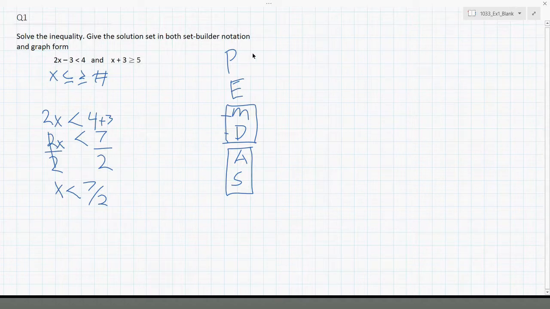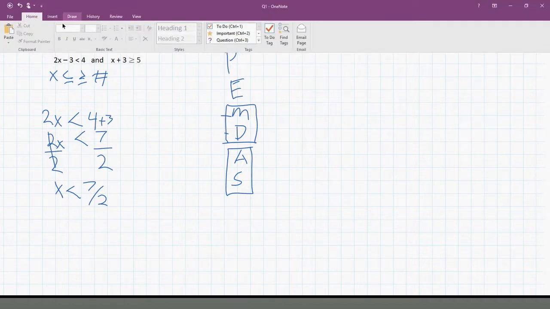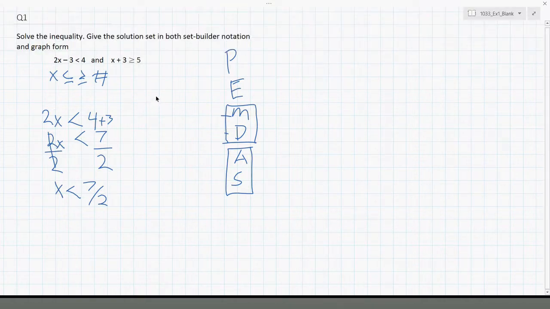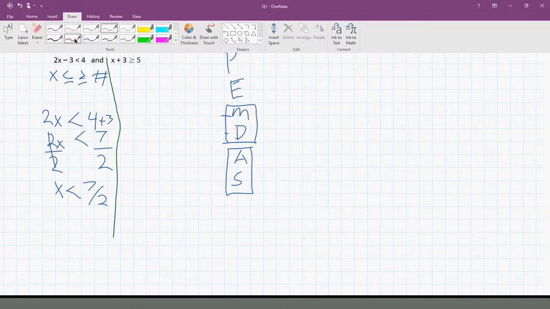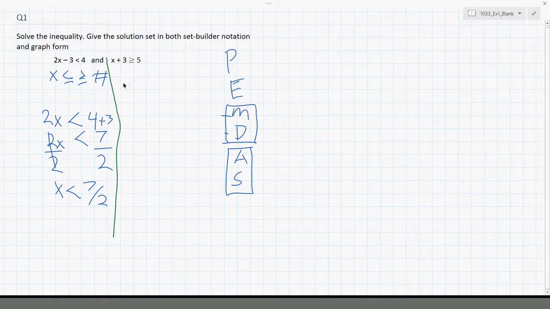Now we'll do the second part of this one. I'm going to get a different color out just so it stands out. This one's a little bit simpler. We're just going to subtract 3 from both sides.